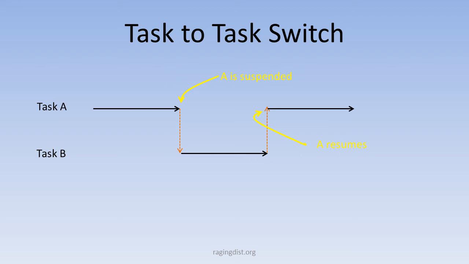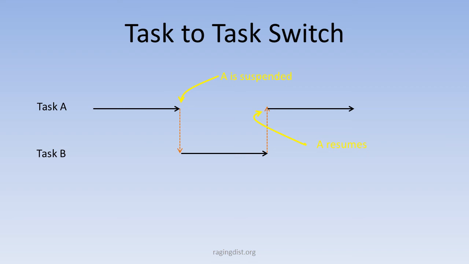I didn't show the priority levels, but if B wants the CPU, the OS is instructed to let it run and to context switch from task A to task B. Task A gets halted, it gets preserved for the duration that task B runs, and then when task A resumes, its state is restored. This is the job of the operating system to go between these.